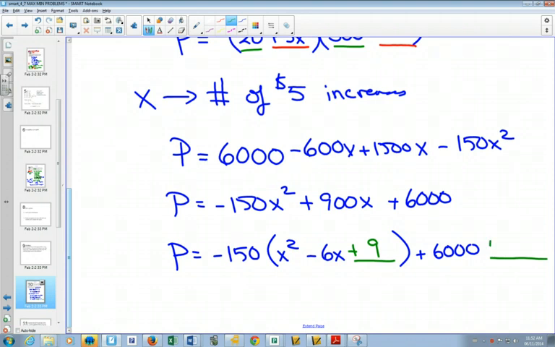Plus 1350. To get the 9, we divide negative 6 by 2 and square. Yes. To get the 1350, we would say, well, that 9 gets hit by a minus 150, and 9 times minus 150 is negative 1350.